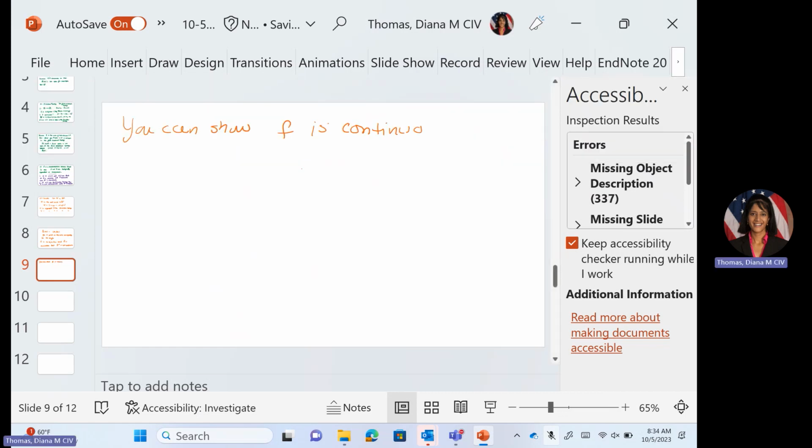You can show F is continuous on your own. It's not obvious. You have to take a basis element from one side.